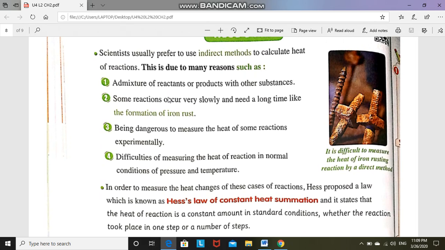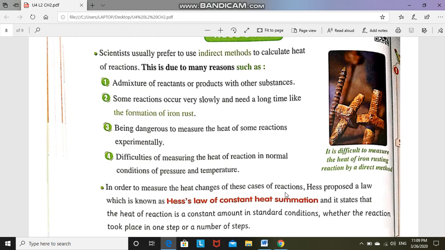Some reactions we can't do in the lab, as it is dangerous. And the last one, it is difficult to measure the heat of reaction in normal conditions of pressure and temperature.